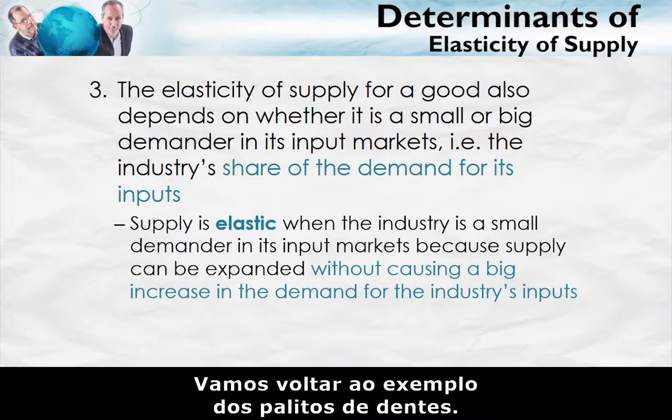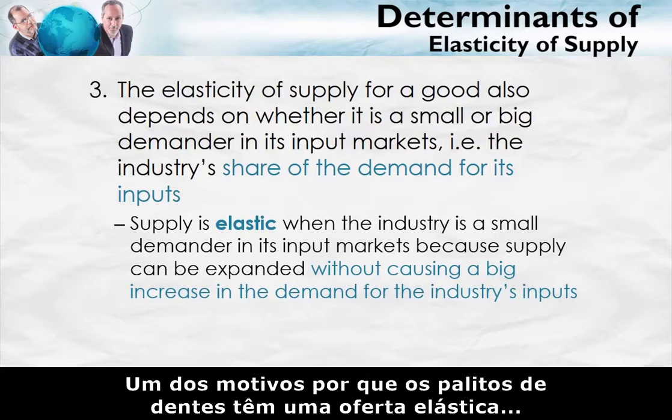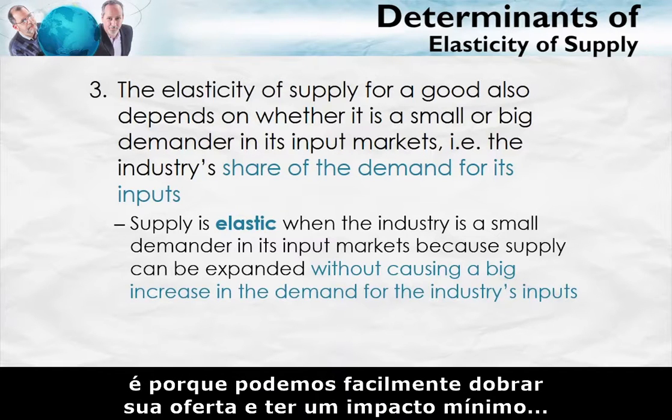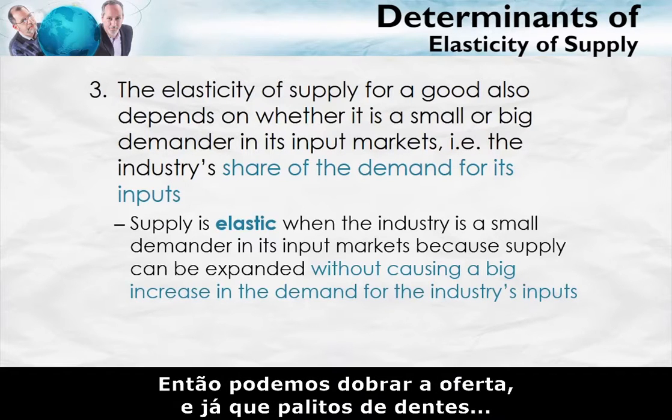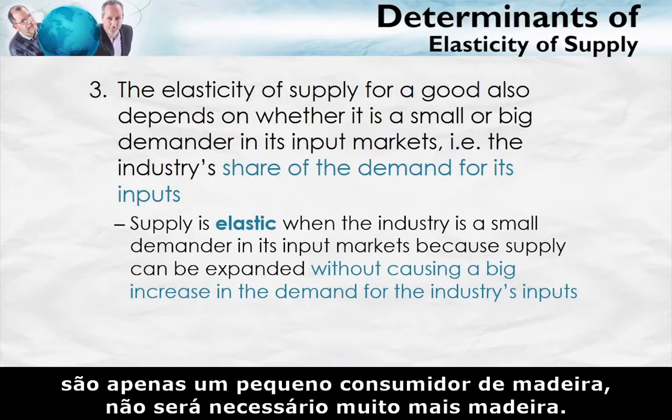Let's go back to the toothpick example. One of the reasons why toothpicks have an elastic supply is because we can easily double the supply of toothpicks and have just a tiny impact on the demand for wood, on the input into toothpicks. So we can double the supply of toothpicks, and since toothpicks are just a small user of wood, we don't require much more wood.